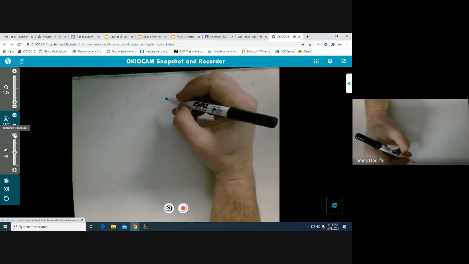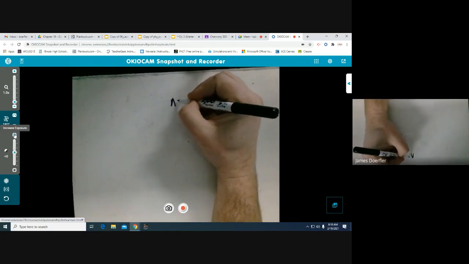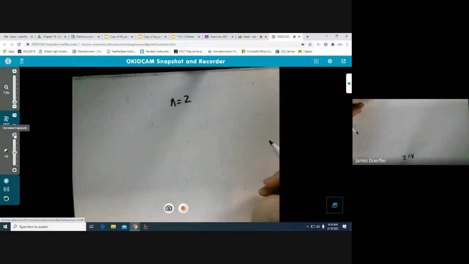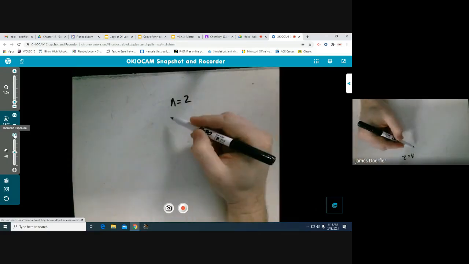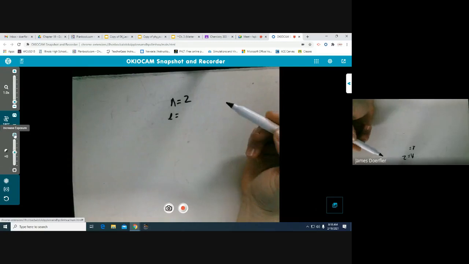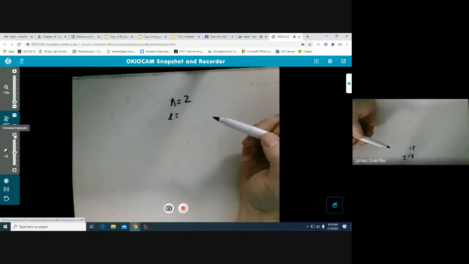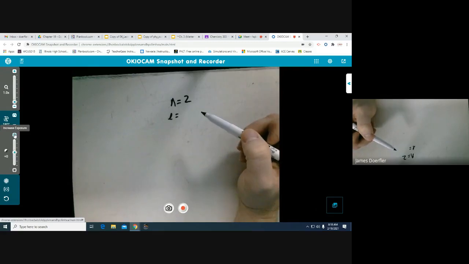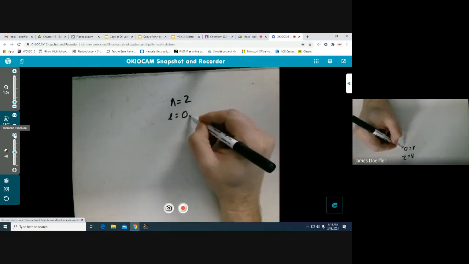All right, so let's say we have an n value equal to 2. What are my possible L values for this energy level? 0 and 1, very good.